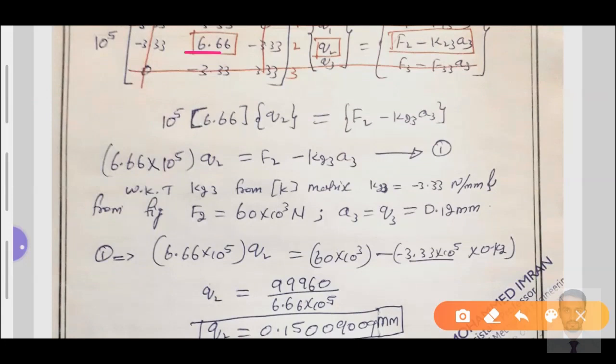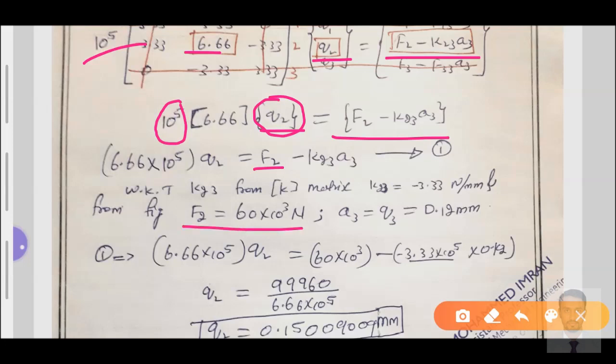I will take 6.66 into 10 to the power of 5 into q2 equals F2 minus K23 A3. We need to find this unknown value. We know F2 is the applied load, 60 into 10 to the power of 3 Newton, A3 equals Q3, 0.12 millimeter, and we have K23 from the matrix.